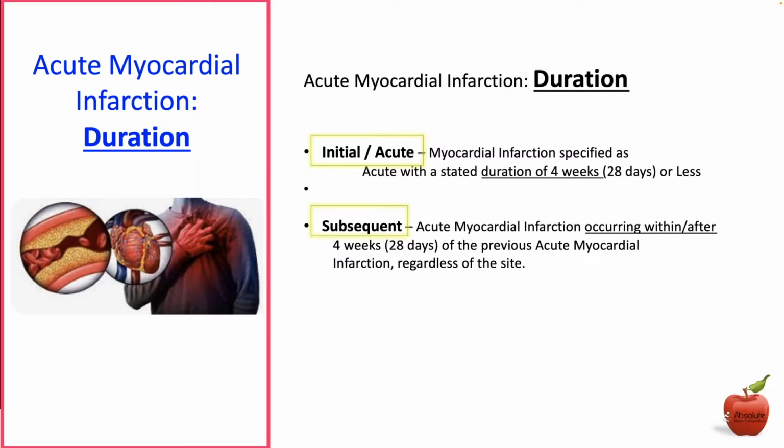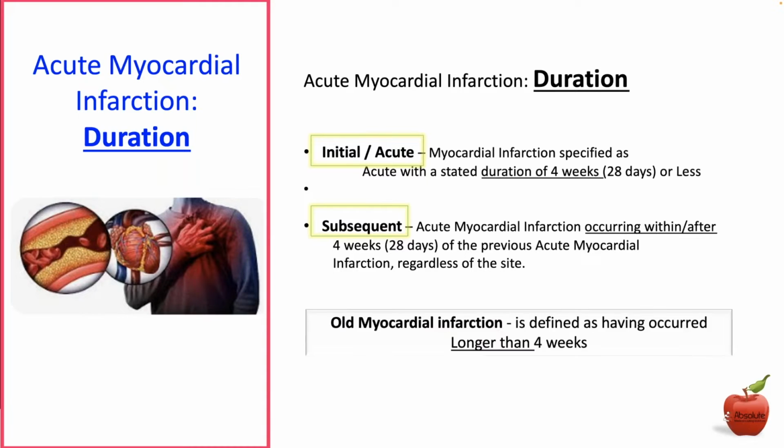Why is this important? Because you need to know when these infarctions occur, right? Because people who have one heart attack are susceptible to having another one if they don't take the necessary precautions. So you're going to be coding for more than one infarction.